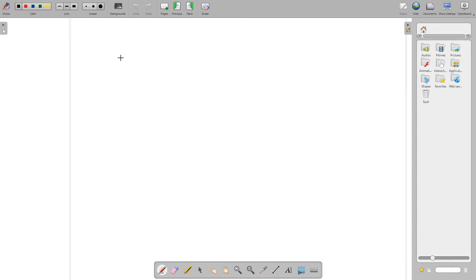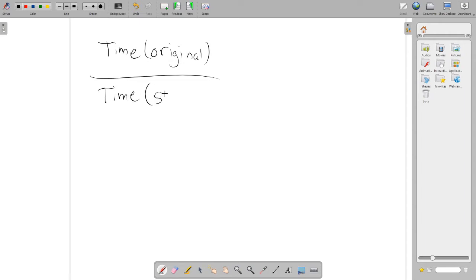If we wanted to do a speed up factor, normally we take the amount of time that it takes for the original to run, and then we divide it by the time it takes the sped up version to run. Because if I had it running 4 seconds at first and then I run it again and it's 2 seconds, then you would say the program's running 2 times faster, right?